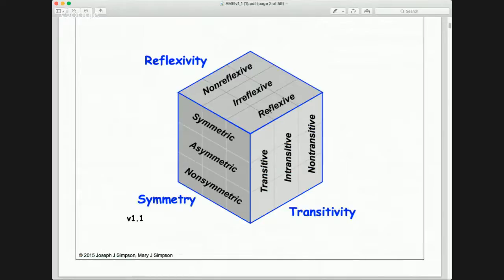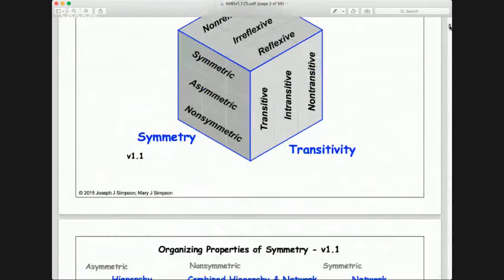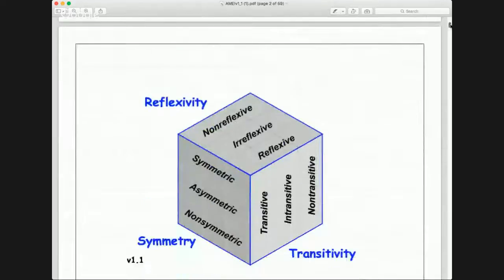If something is reflexive, then we know it's not irreflexive and it's not non-reflexive. The same with transitive. If we have a transitive relation, then we know it's not intransitive and not non-transitive. This is a basic type of reasoning and logic that we're thinking about here.